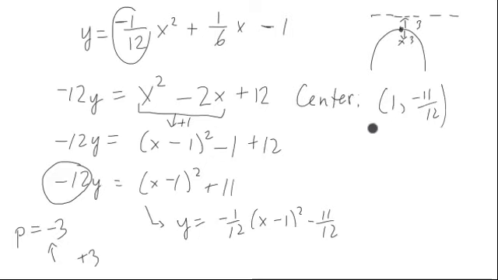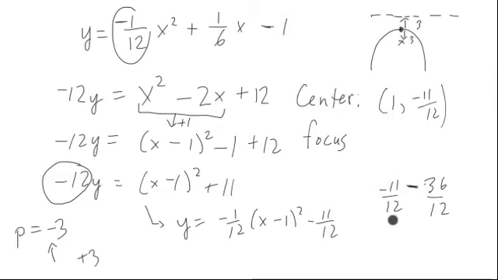So from there, we need to drop down 3 to get to the focus. So we subtract 3 from here. Now, -11/12 minus 3. Another way of writing 3 with the denominator of 12 is 36/12, since 12 goes into 36 3 times.